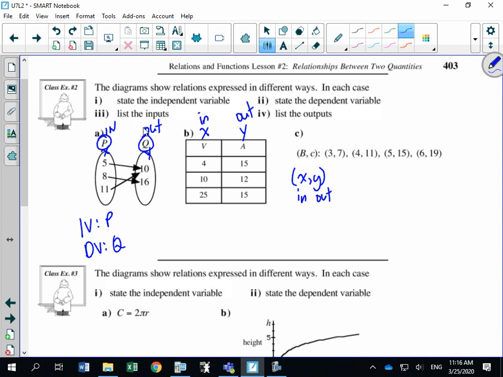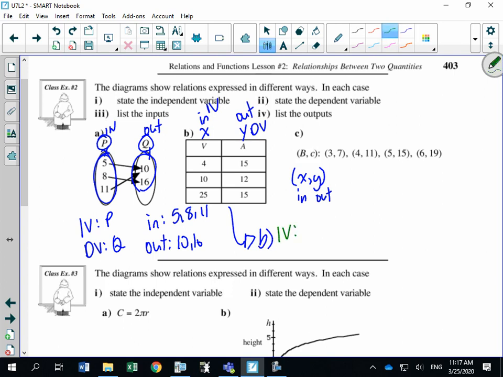The inputs would be these guys here, 5, 8, and 11. And my outputs would be 10 and 16. Okay, going to this class example, my independent variable is always my x, dependent variable is always my y. So according to class example B, my independent variable is V, probably volts.